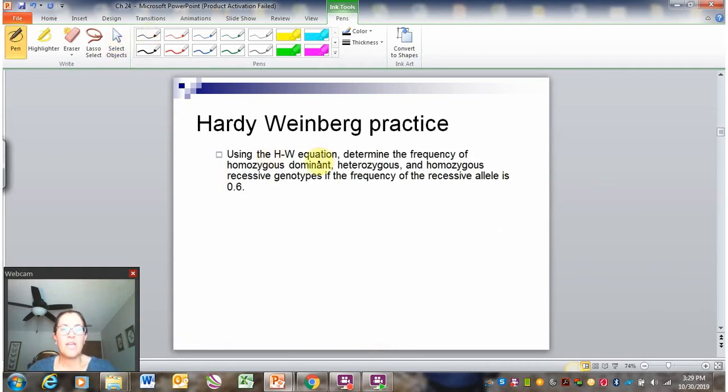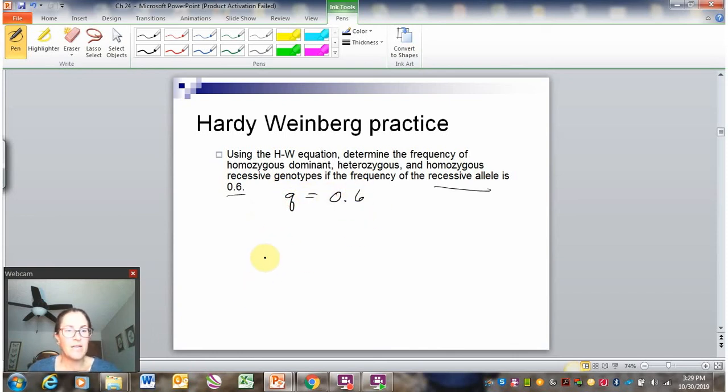Okay, so using the HW equation, determine the frequency of the homozygous dominant, heterozygous, and homozygous recessive genotypes if the frequency of the recessive allele is 0.6. Okay, so I've only got one value here. I know that the recessive allele is 0.6. So I'm going to go ahead and set the recessive allele as Q. So Q is equal to 0.6.